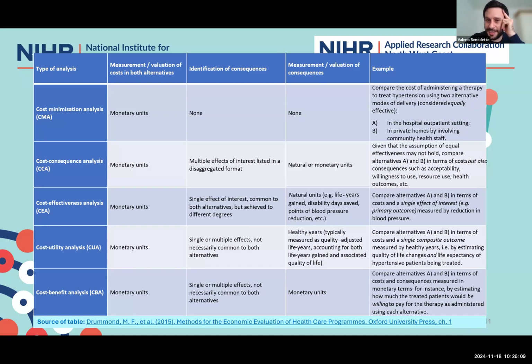So rather than expressing that in natural units, you try to express that in pounds, right? So there is an added complexity to that. Of course, when you measure, for example, disability days saved or life years gained, you measure that and that's it. You got a number. When you try to monetize that, you need to ask people how much value they put on the different outcomes. So there is an added layer of complexity there. Is that clear? Yeah, that's fine. That's better, actually. Yeah, thanks.